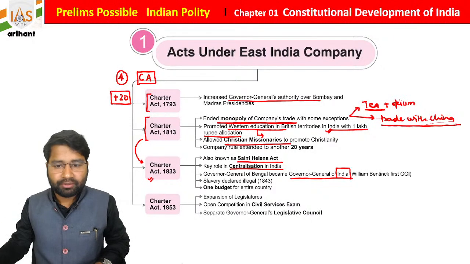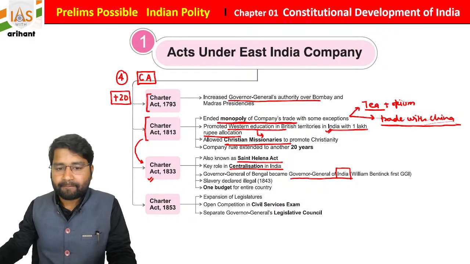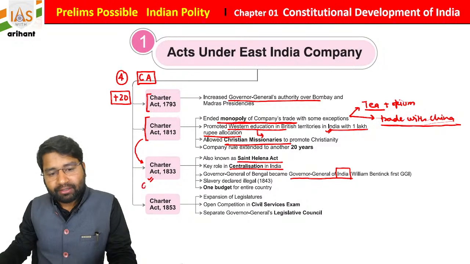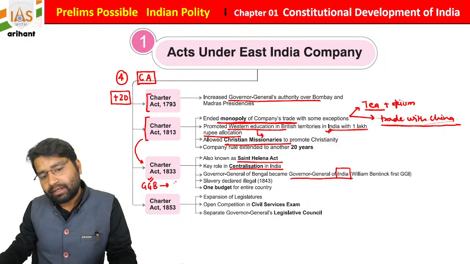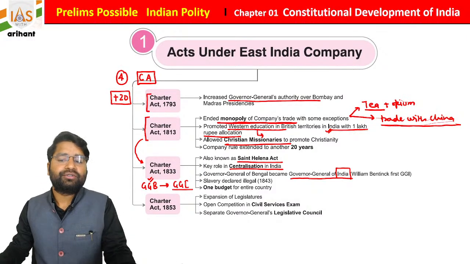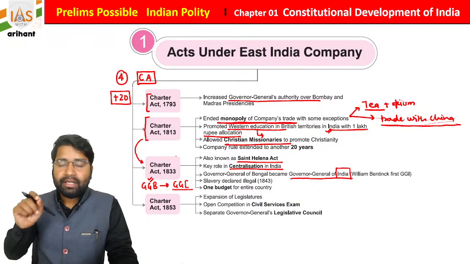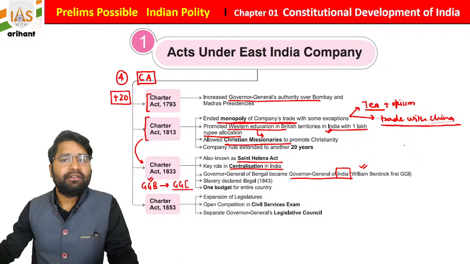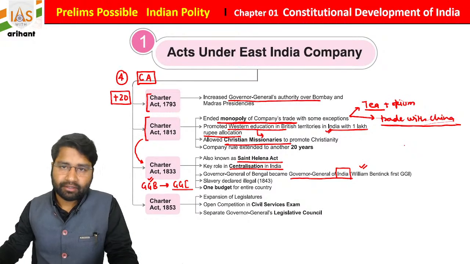I hope you are all able to understand, students. So this is one thing. In the 1833 Charter Act, they modified the post of Governor General of Bengal to Governor General of India. And under this, students, there was a person named William Bentinck, and he was the first Governor General of India.